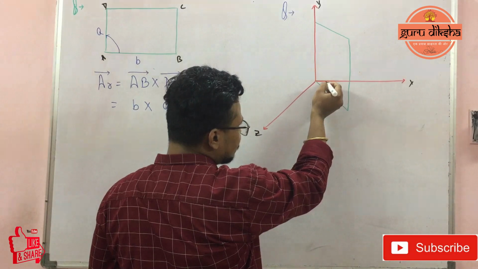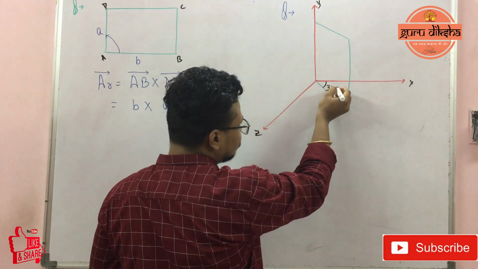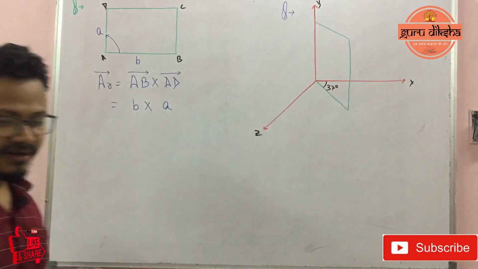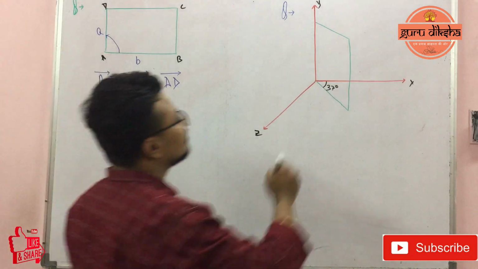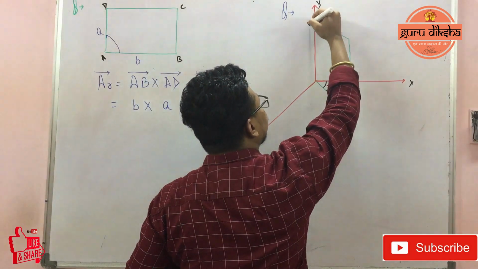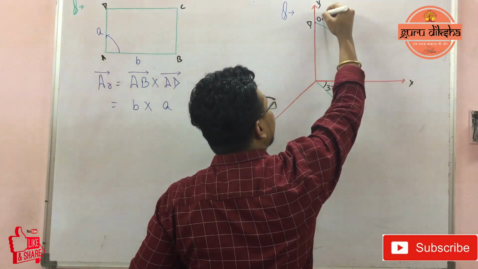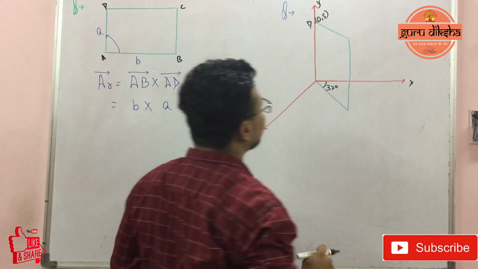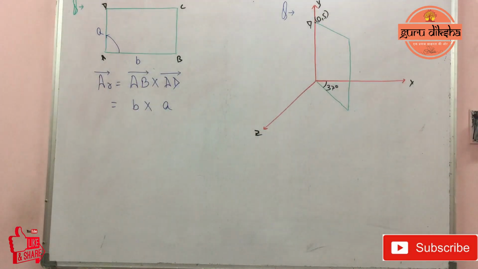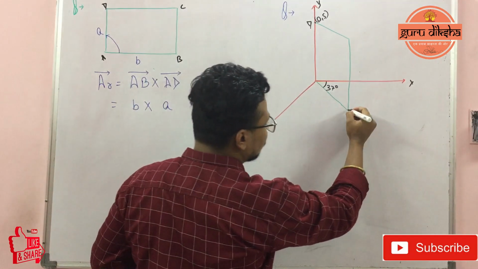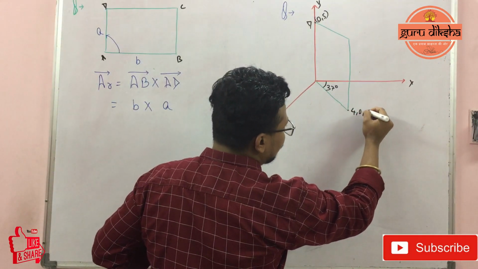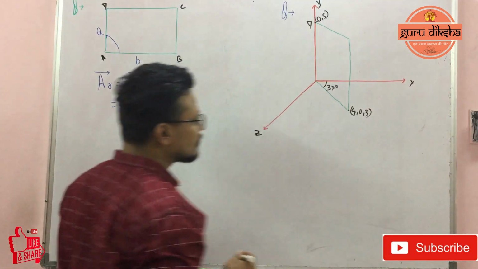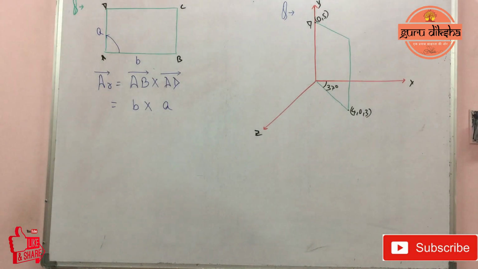This is angle 37 degree. This is point D, 0, 5. I have given this angle. And this you take as 4, 0, 3.